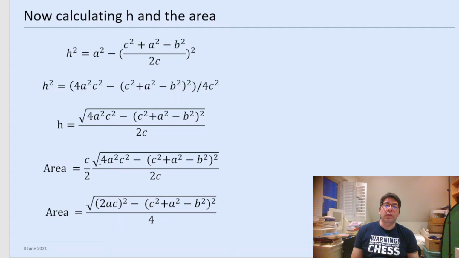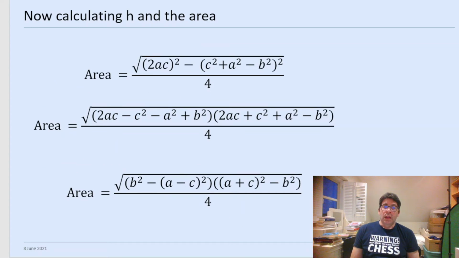Okay, I have written 4a squared c squared as an exact square, 2ac squared. The reason is because then we recognise that this is the difference of two squares. So x squared minus y squared, 2ac is the x, and this business, c squared plus a squared minus b squared, is the y. Then basically this is one side of the difference of two squares, and this is the other side.